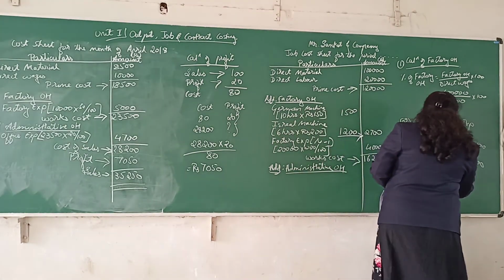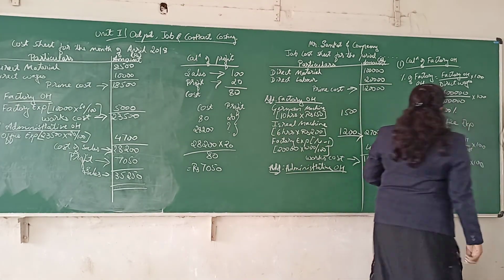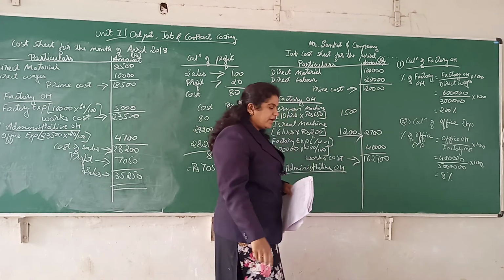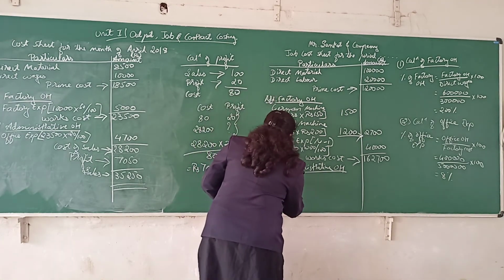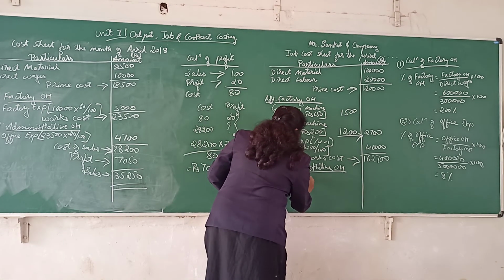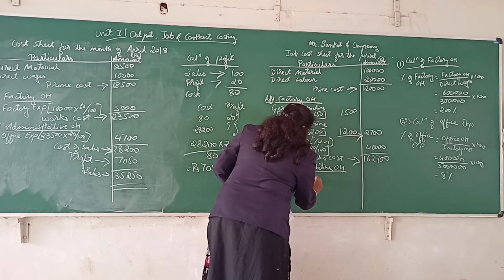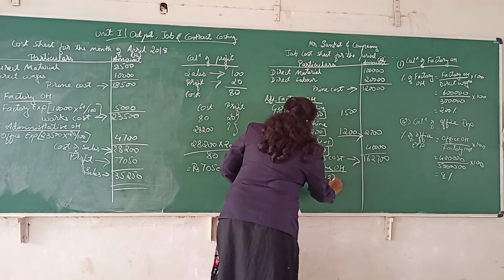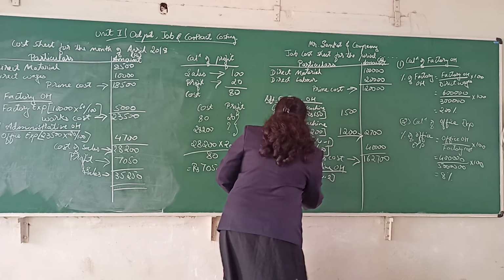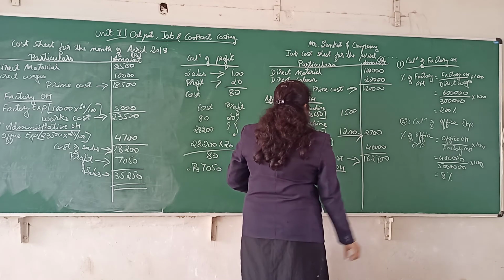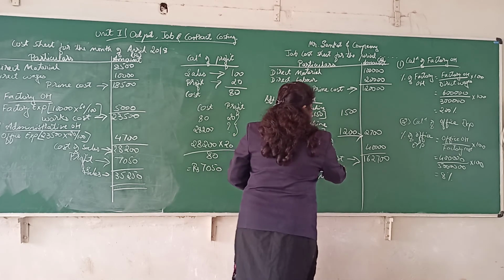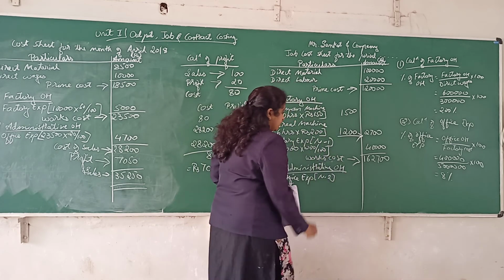Okay, find out the percentage. That is 8%. So here office expenses, note 2: factory cost is nothing but works cost.